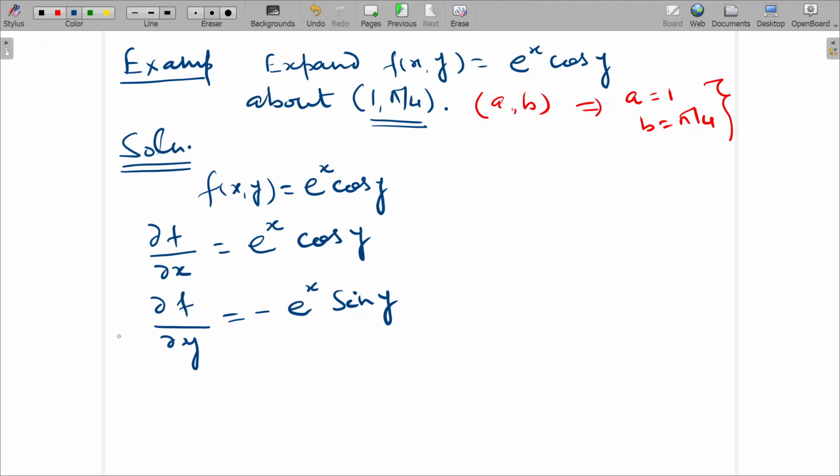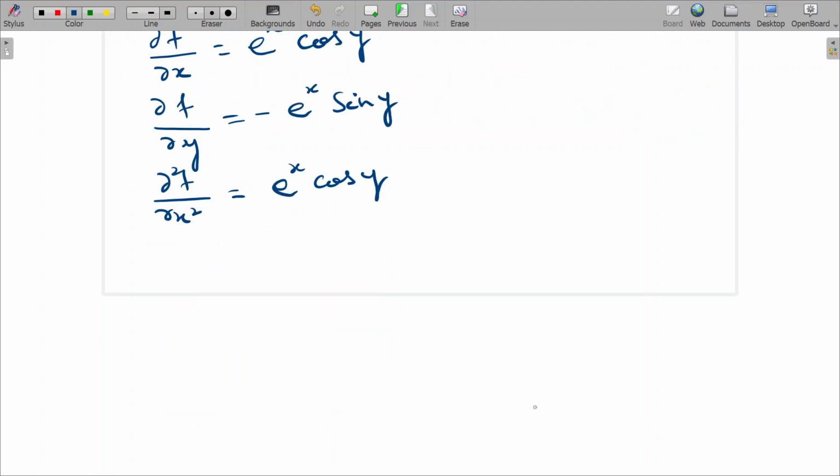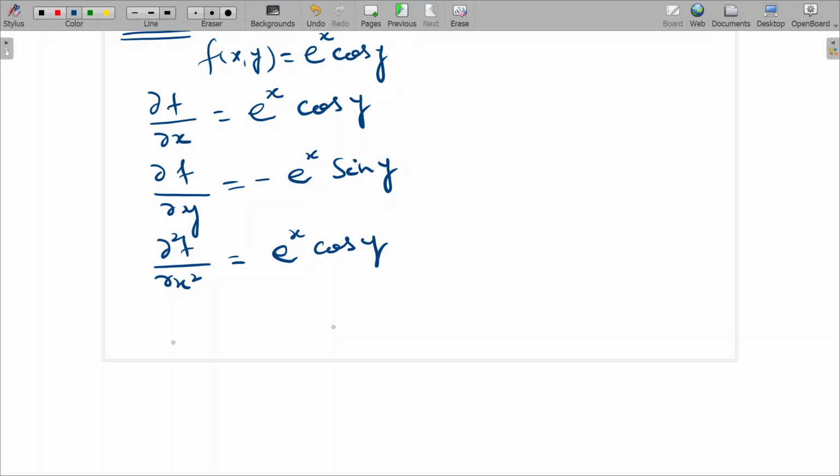Okay, and similarly we can find del 2 f over del x square, the second order derivative, which is again e to the power x cos y. Now next we will obtain the mixed derivative, del 2 f over del x del y. In order to obtain this, we have to differentiate del f over del x with respect to y.